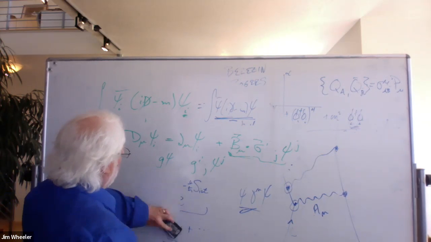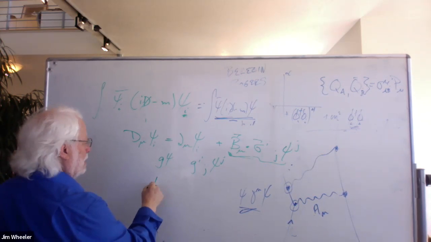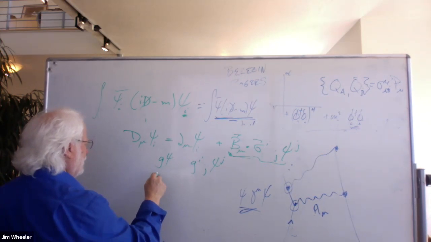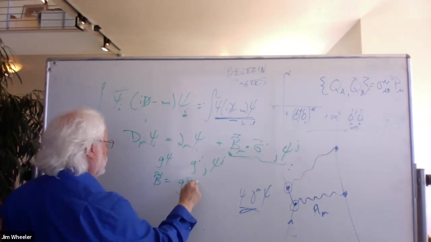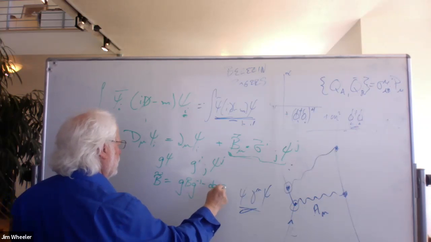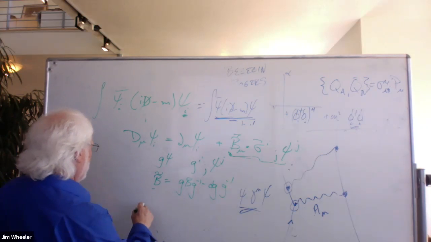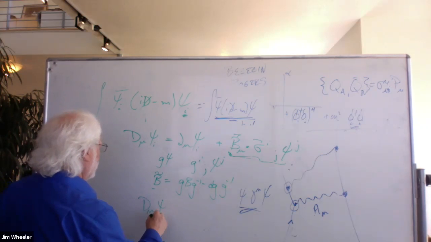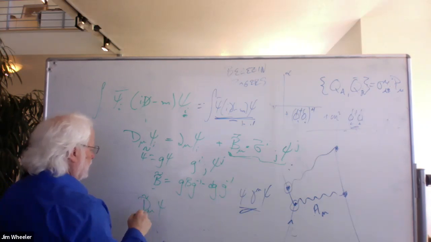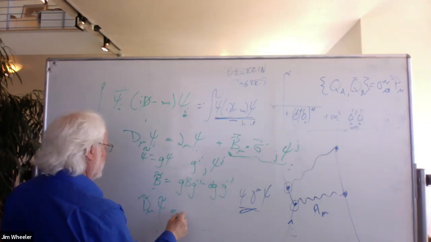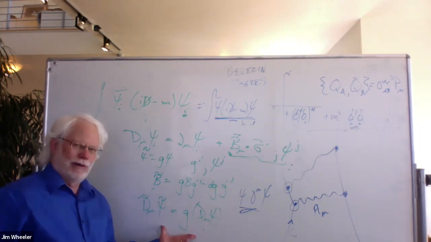If I do that on psi, and at the same time I change B to B tilde, which means G B G inverse minus dG G inverse, so B transforms that way, then D_mu psi, so this is psi tilde, is G acting on psi. So D tilde acting on psi tilde is just G acting on D psi. That's what I mean by covariance.